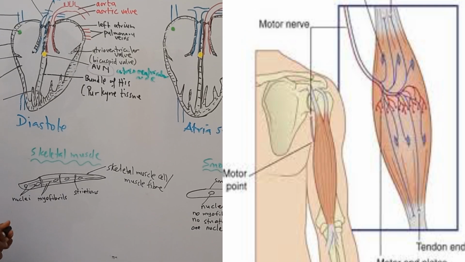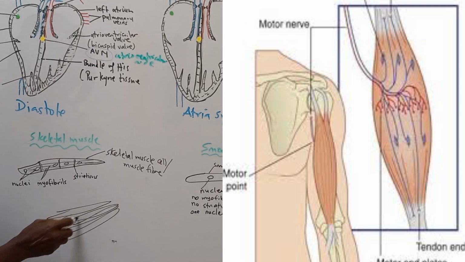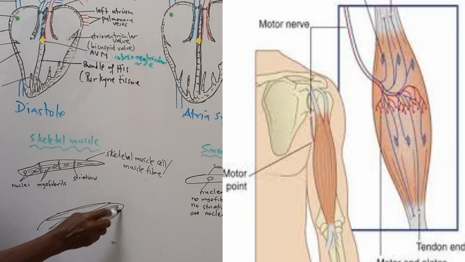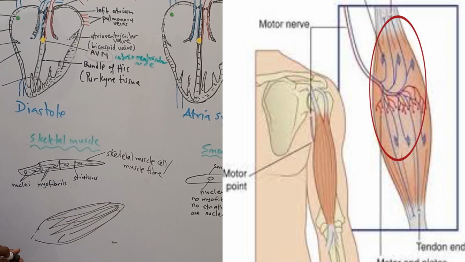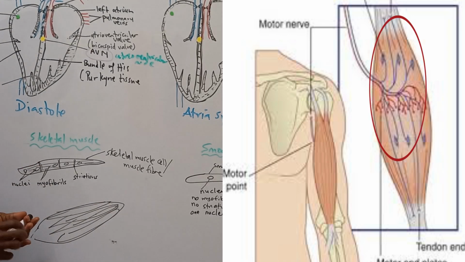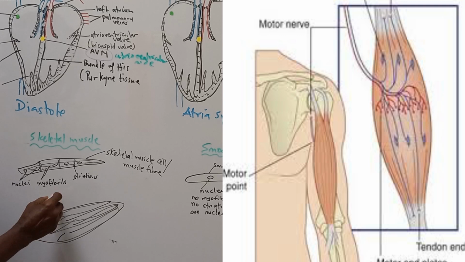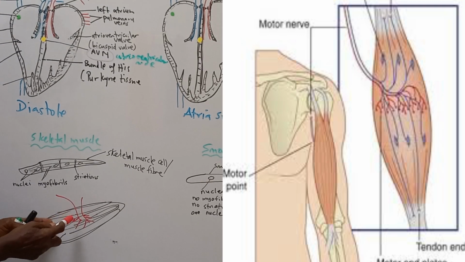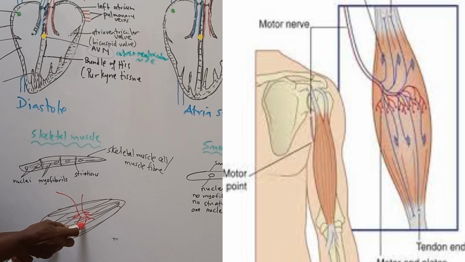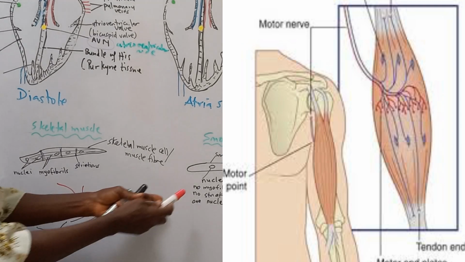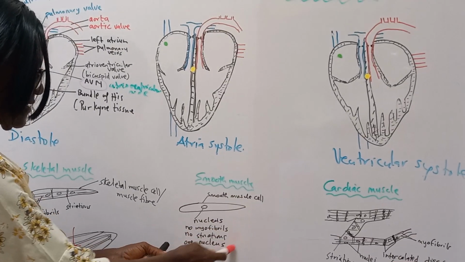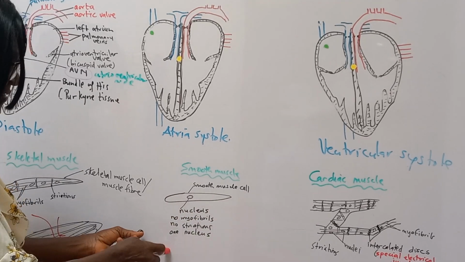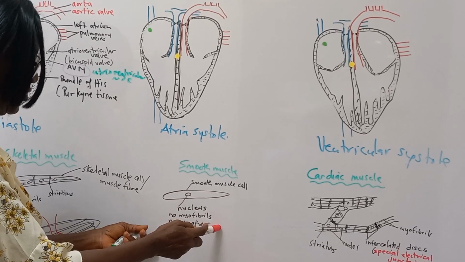You have a lot of bundles, all neatly enclosed in a connective sheath, and the skeletal muscles are innervated with motor neurons. So they have nerves that enable the muscle to contract and relax. The same goes for smooth muscles, which have nerves that cause them to contract and relax.